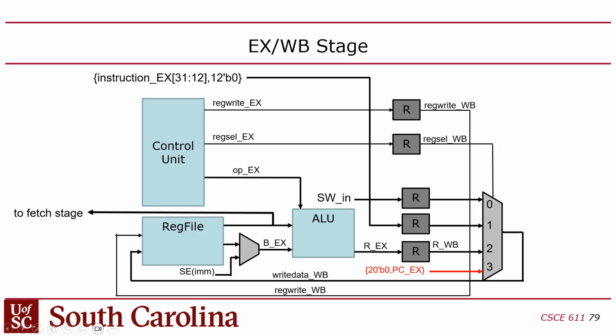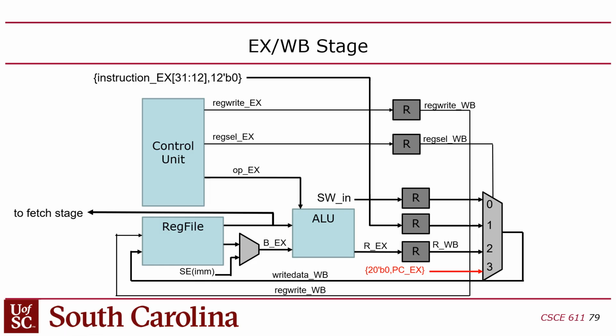I mentioned this in a question on the exam a couple years ago, the older exam. So the program counter needs to be connected now to the third input on your reg select mux. Which program counter? It would be the program counter EX, because it would be the delayed form of the program counter fetch.